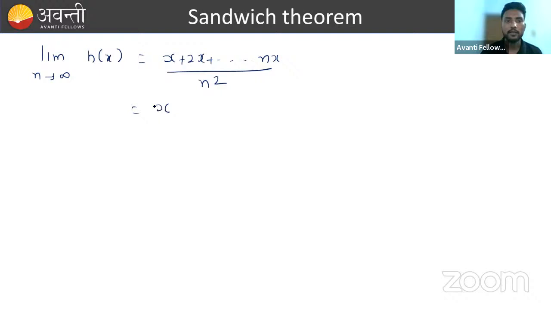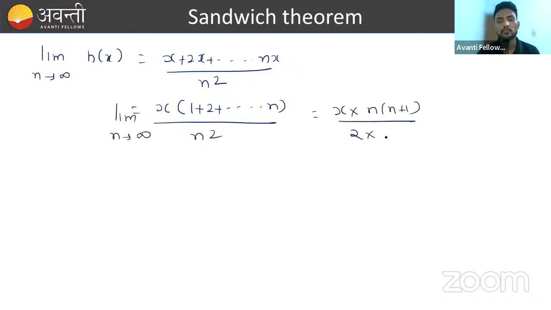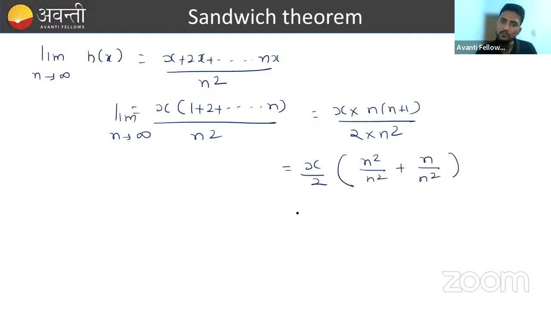So it is x into n into n plus 1 by 2 n square, because you know that the sum of the first n natural numbers is n into n plus 1 by 2. So it is x by 2, and again you can see this is n square, so n square by n square plus n by n square. So it is x by 2 times 1 plus 1 by n.